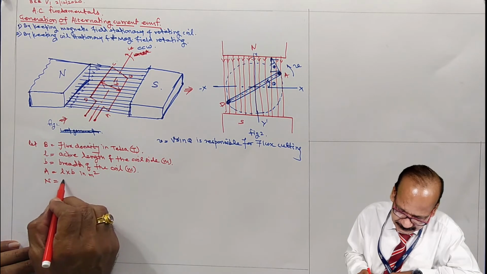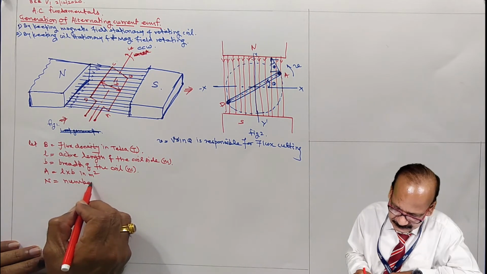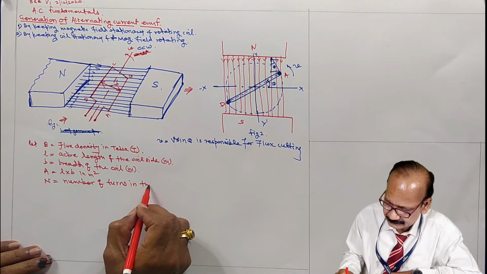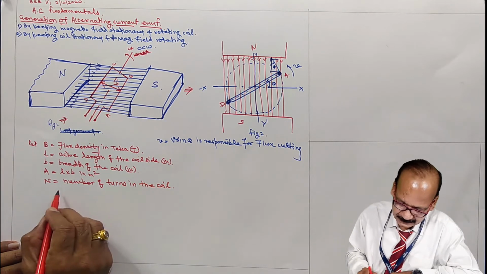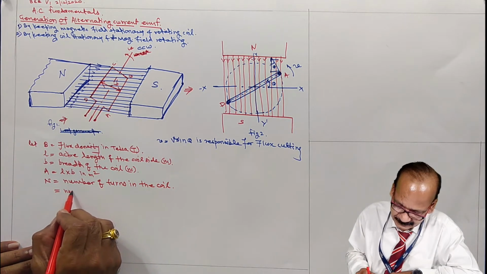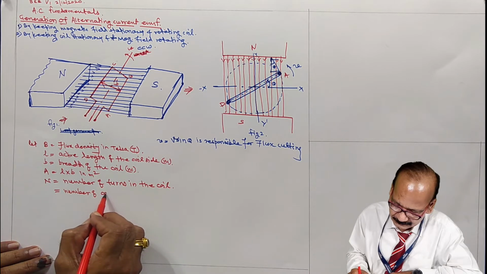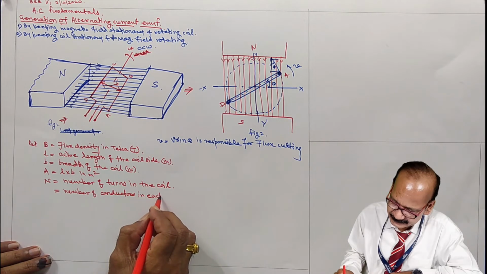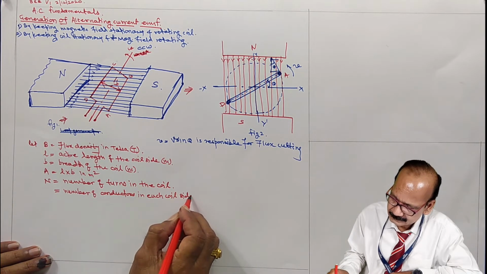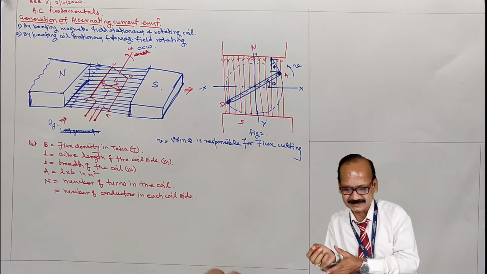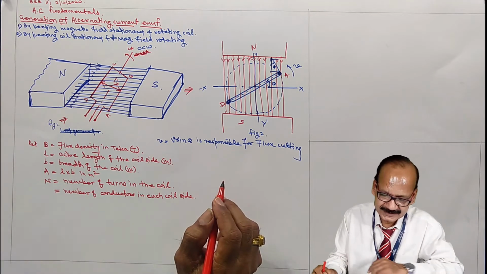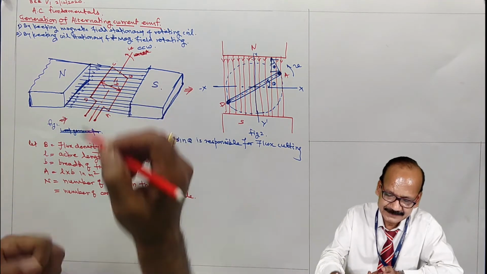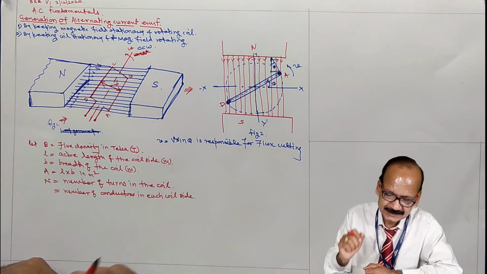N is the number of turns in the coil, and this is equal to number of conductors in each coil side. Remember, two coil sides make one coil. Say AB is one coil side, CD is another coil side.